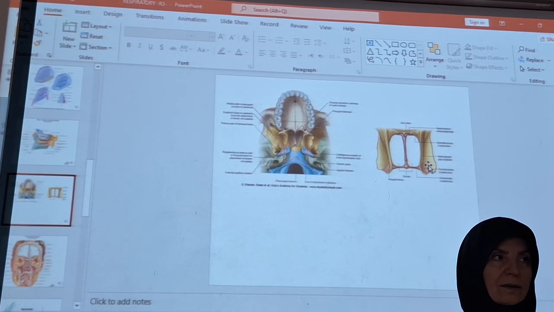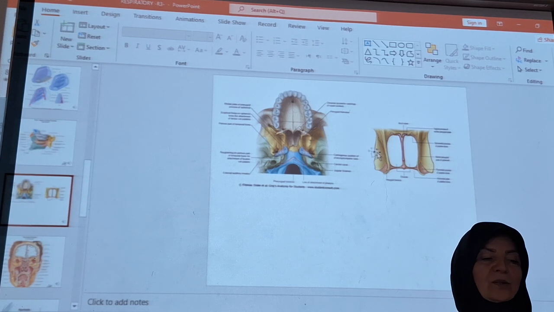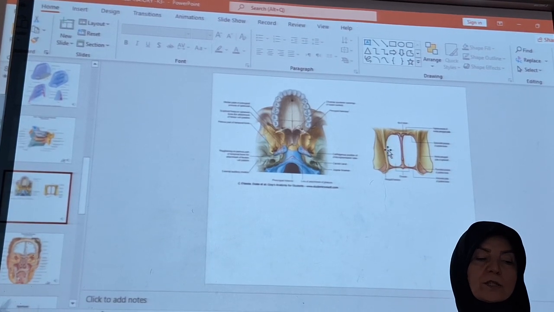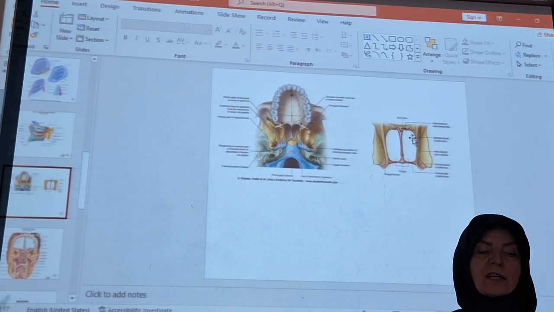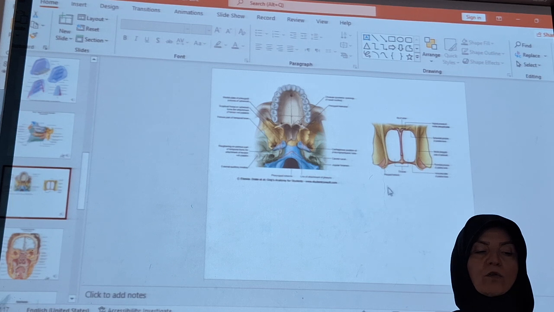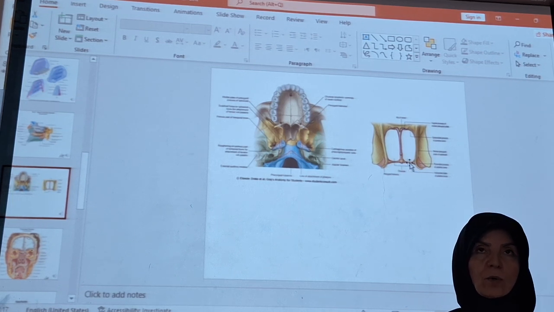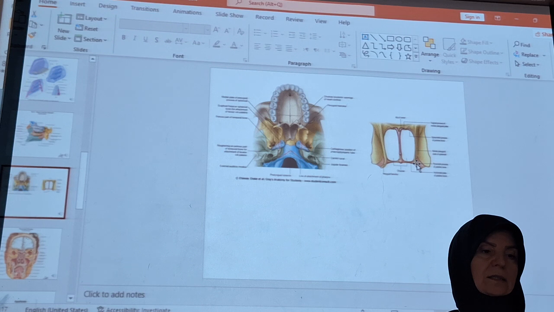Okay? Yes? Could you explain that again? I told you, it is anatomical position. In anatomical position, the floor of the nasal cavity is going to form the roof of the oral cavity. So the posterior bone that participates in the floor of the nasal cavity is the palatine.